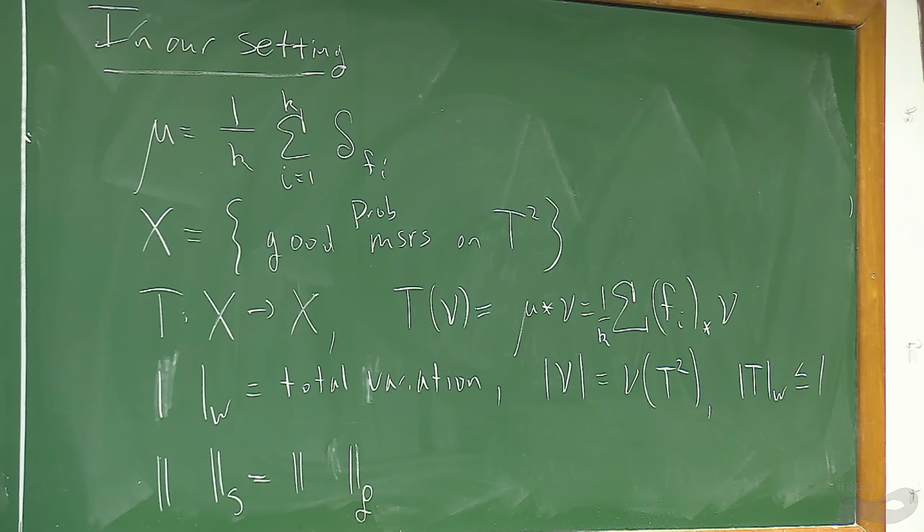And so then what is the key proposition? It's just to say that there is some Lasota-Yorke inequality.